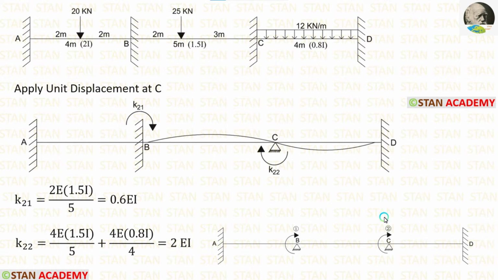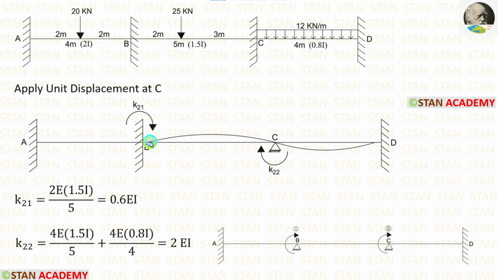Now, let us calculate the second row in the stiffness matrix. For that, we have to apply the unit displacement in the second coordinate, that is in the point C. In the point C, we are having a fixed support, but when we apply unit displacement, it is no longer a fixed support, it becomes a hinged support.